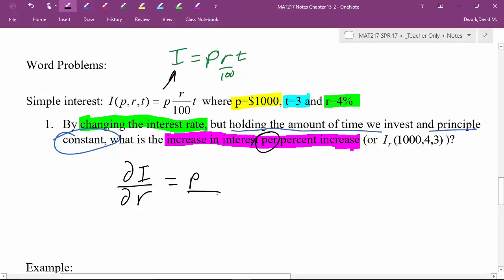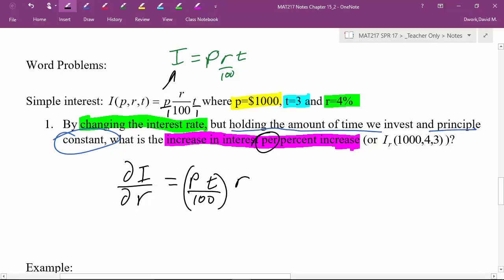The dividing by 100 is a constant. And the t is a constant, right? All of that stuff would just be multiplying my r. And if you're saying, whoa, whoa, whoa, how did I do that? Just put everything over 1. And just remember how we multiply fractions is straight across. So this would be the equivalent of P times r times t all over 1 times 100 times 1. And so I can rearrange it that way.